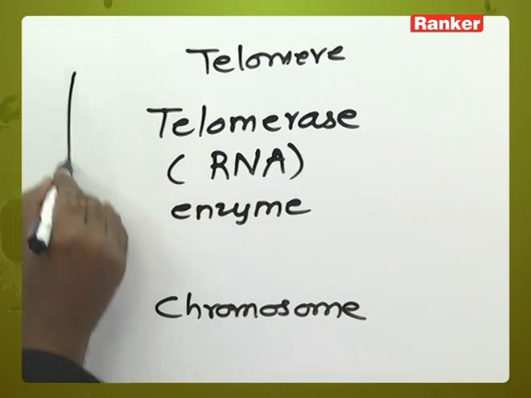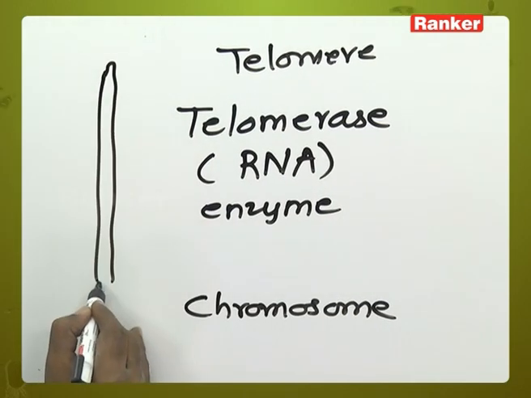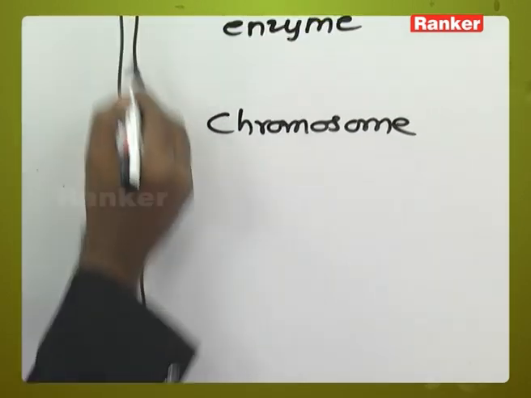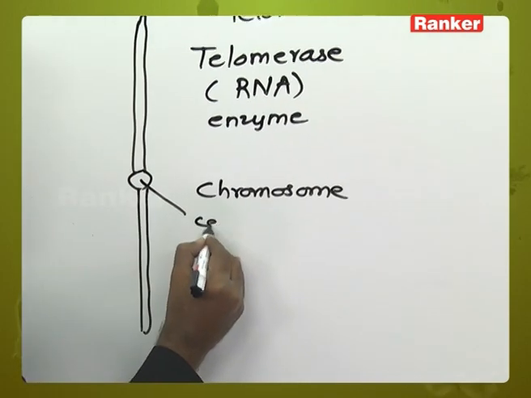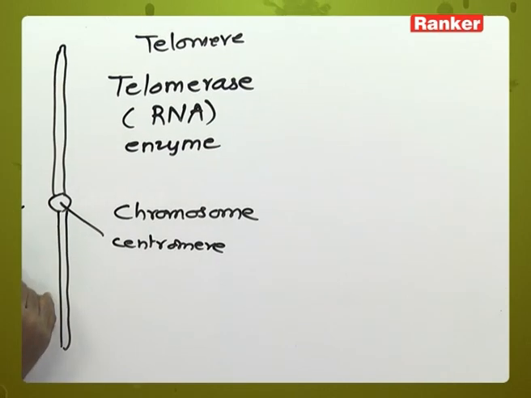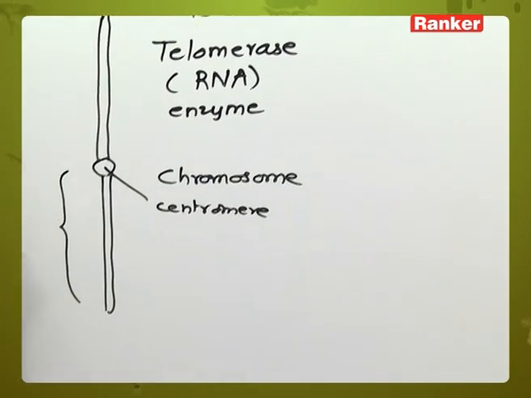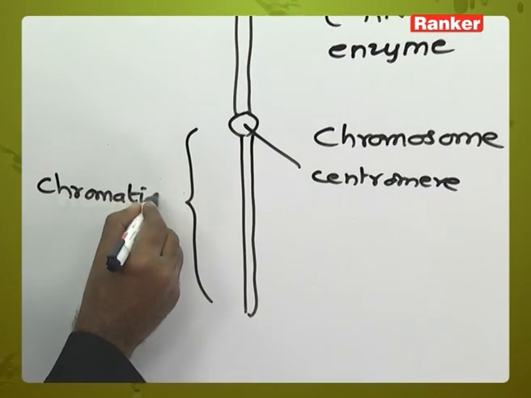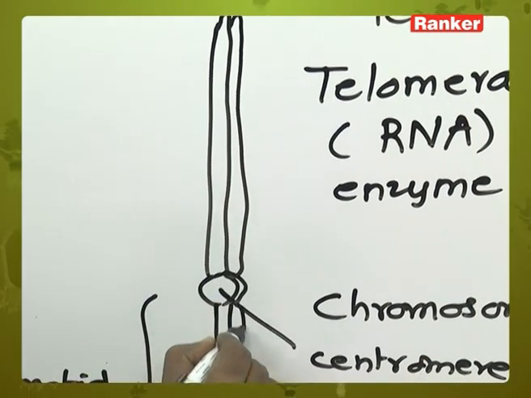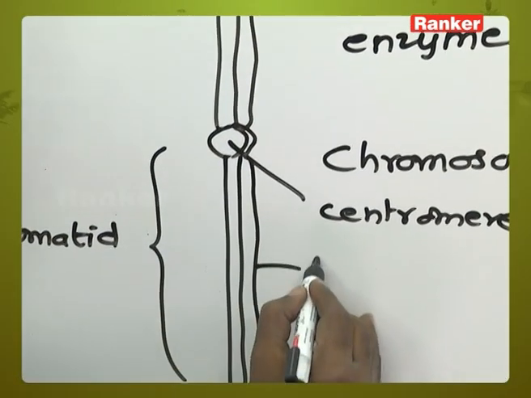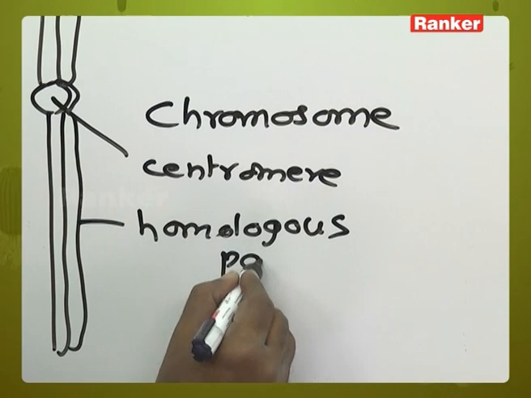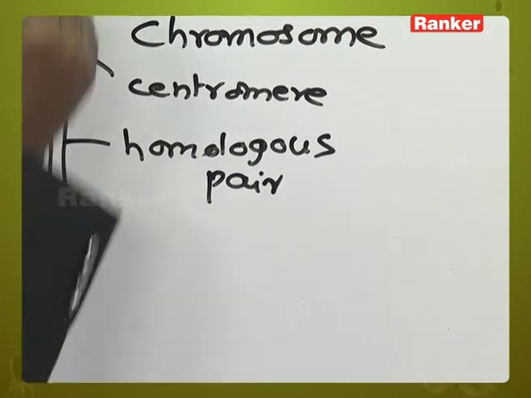When you take a chromosome, this part is termed as a centromere. The arm is termed as a chromatid. You have a pair of homologous chromosomes coming in, both of them constitute a homologous pair.